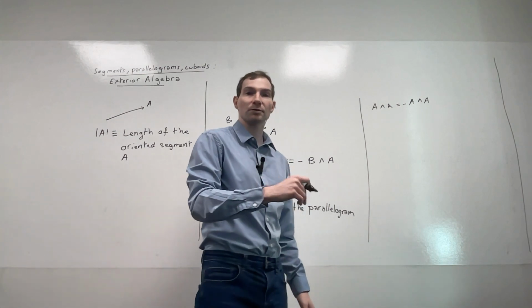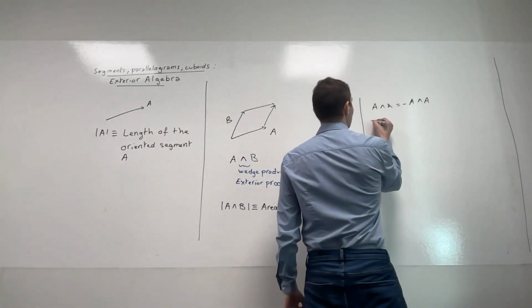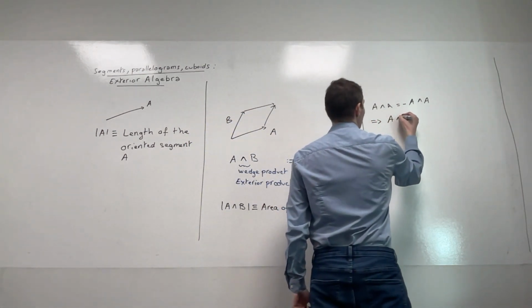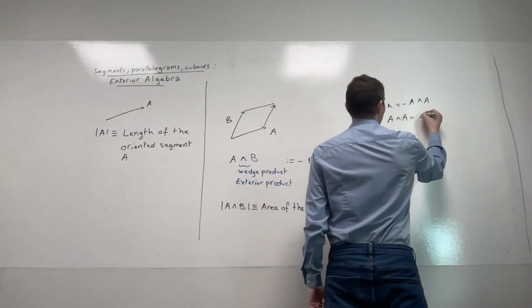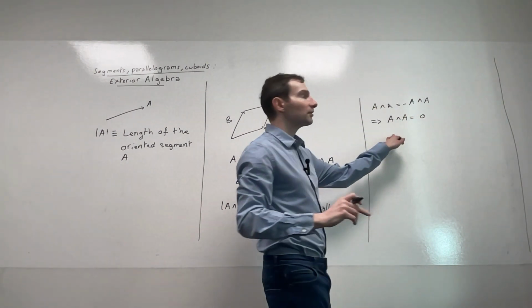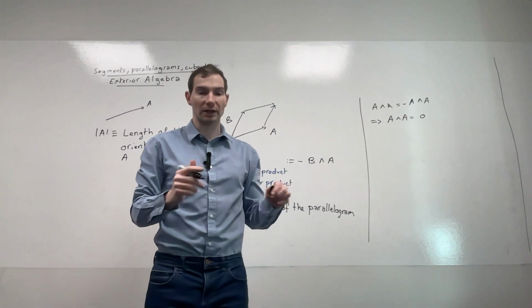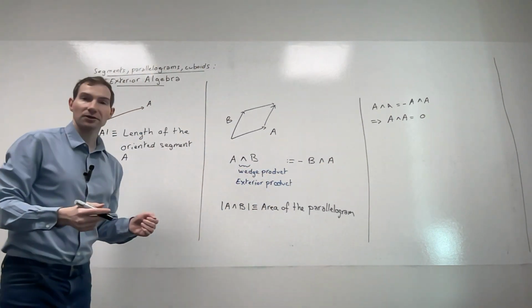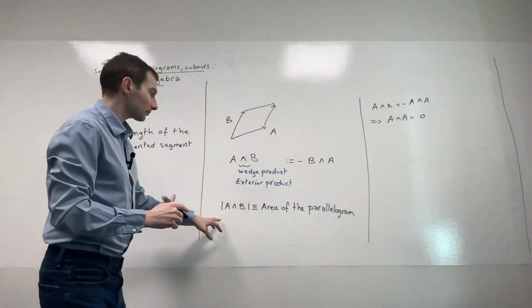Zero is equal to minus zero, and so we automatically get that A wedge A is equal to zero, and that's true for any vector A that you would take. Okay, so that's the idea.